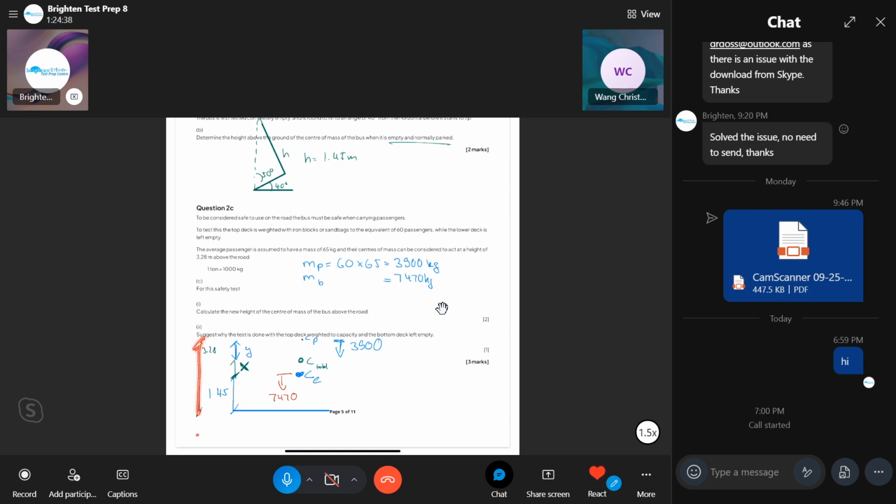They're at a height of 3.28 meters, it says it clearly, and they have the calculated mass of 3.9. So it's up here. So I know this distance now, and I know this distance. This was the previous center of gravity for the empty bus, and this is the one if there were only the passengers without the bus. But of course there will be a resulting center of gravity for the total, but I don't know the distance.